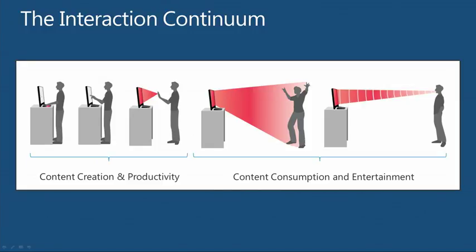Now, as you move away from the computer, you can't do quite as much with it. Of course, at the start, you can use the keyboard and mouse to do quite content-driven things, creation-driven things, productivity-driven things we do every day at work. Once you move away from the computer, you're really in a consumption space and an entertainment space. Although that can change.